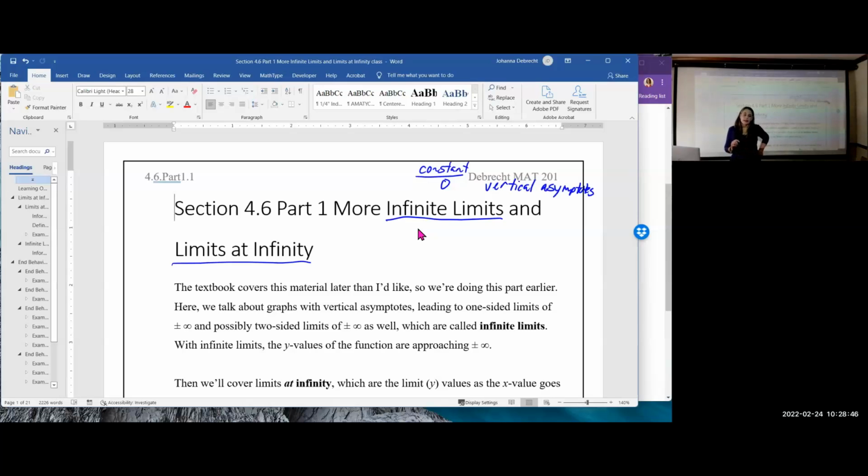Now, what about a limit at infinity? What is a limit at infinity? So this is section 4.6, and I split it. This is part 1, the bigger part. A limit at infinity is what happens to the graph as x goes to the far right or far left? End behavior, exactly.